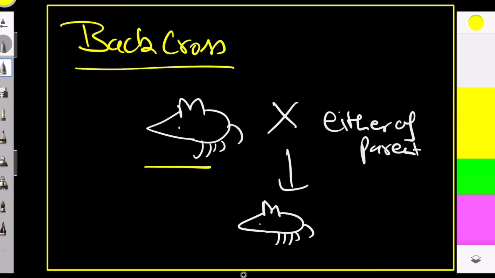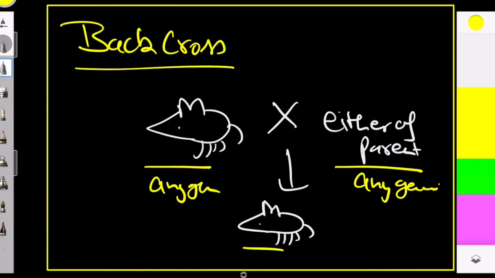This one can have any genotype, here also it can have any genotype, and this can also have any genotype. Now this back cross is not going to tell you the unknown genotype. If you want to know the unknown genotype, you have to perform the test cross.